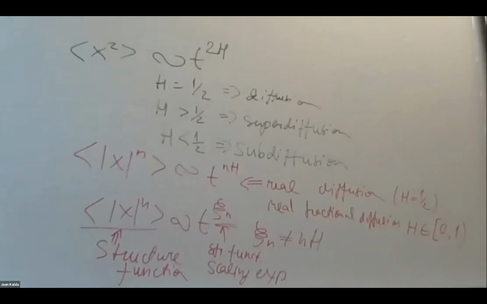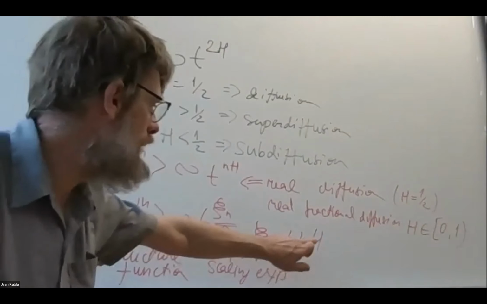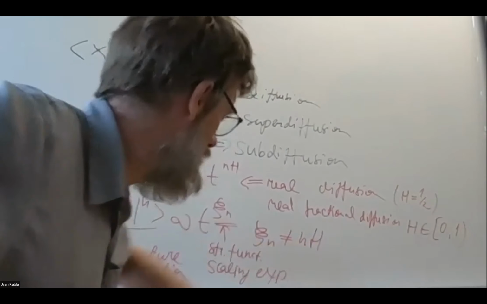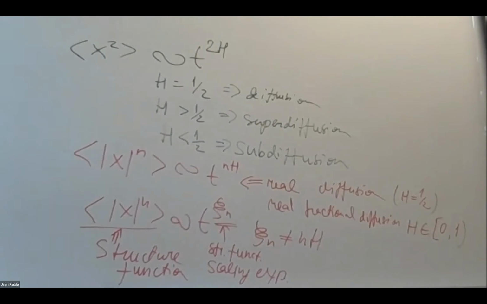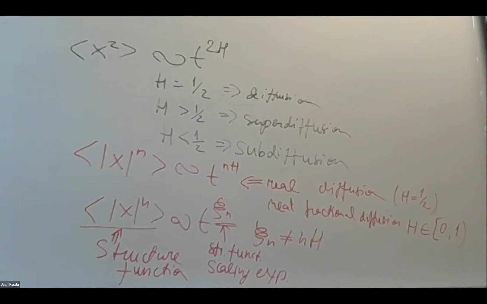so if psi of n is equal to n times h, then this happens when you have what is called a Gaussian function.